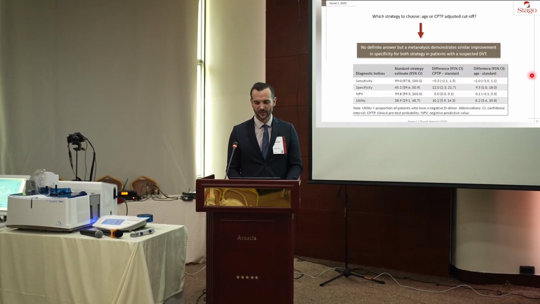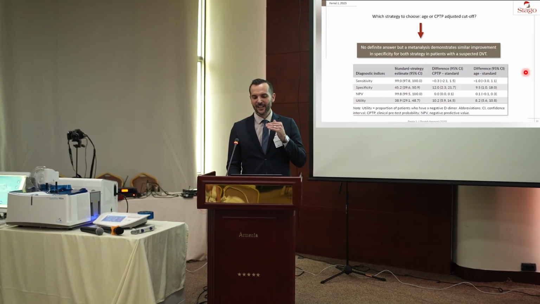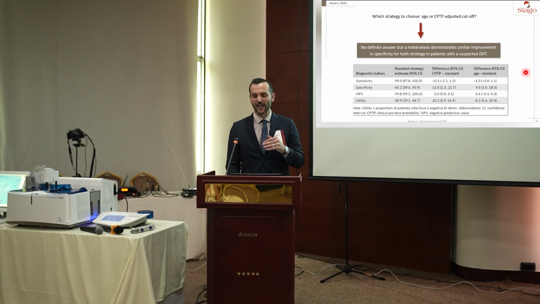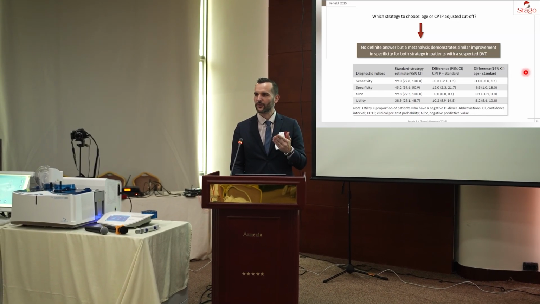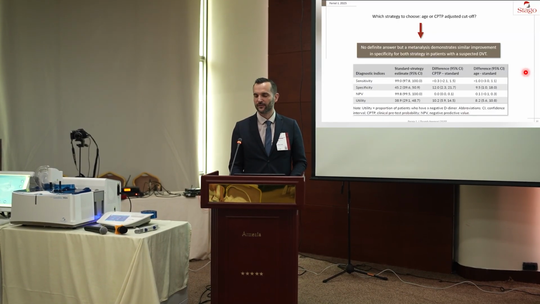So the takeaway of this part is that it is better to use an age or CPTP adjusted cutoff than the standard cutoff, but you can use whichever approach you prefer.